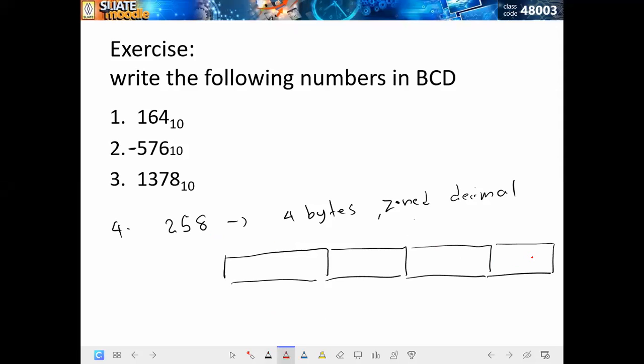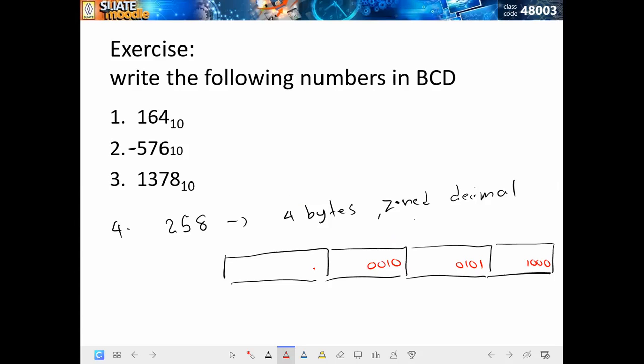So here we have to start from the right block. The right block represents the rightmost value of the decimal number. So okay, then 8 is 1 0 0 0, the 5 here is 0 1 0 1, then here 2 is 0 0 1 0.